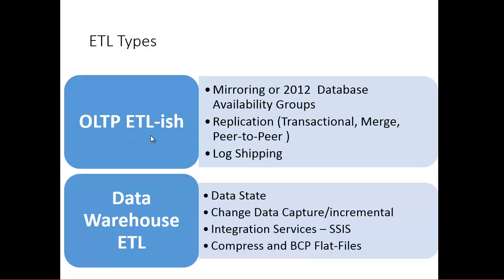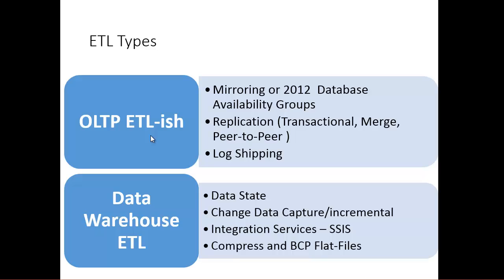First, the OLTP. On the right are some of the more popular ways of accomplishing data movement using an OLTP approach. This is using things like mirroring or availability groups in 2012, replication, and log shipping.